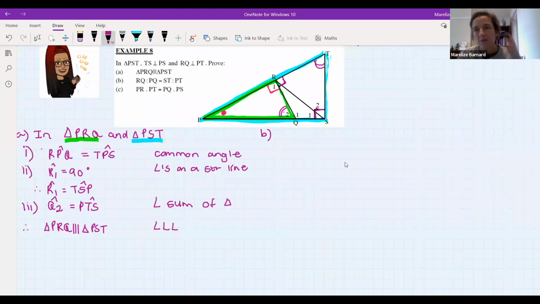Because once you've proven the similarity, who can tell me, what is the next thing that we can conclude? If the triangles are similar, what do we know about the corresponding sides? Can someone put it in the chat for me?